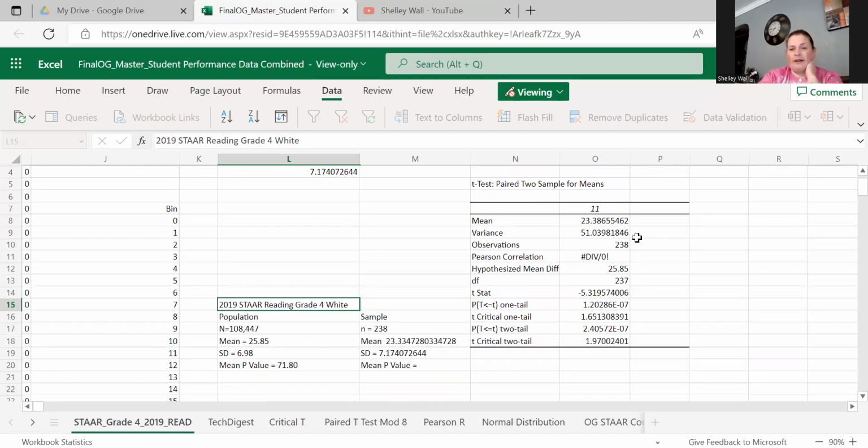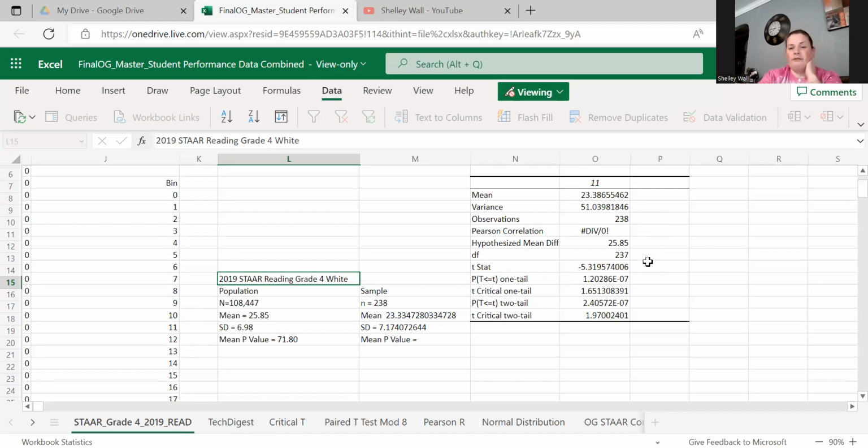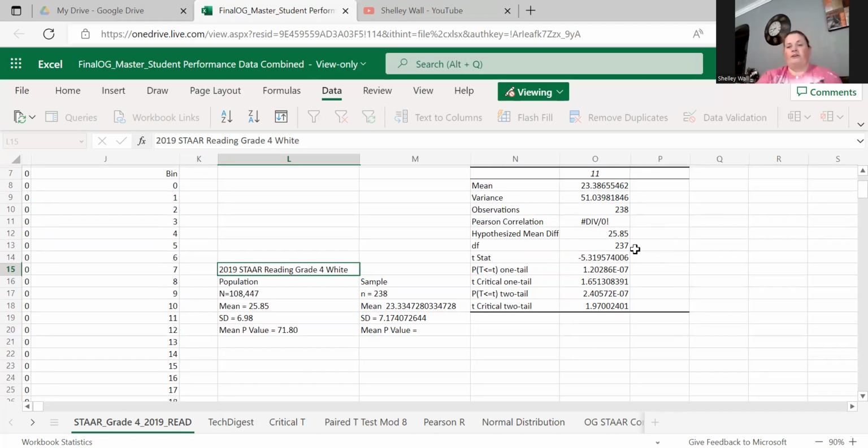It gives me my variance, the observations we had put in, and a hypothesized mean difference, which we would use later to look at further statistics. My degrees of freedom is 237, because it's 1 less than my number of observations, or student participants. Then it gives me a t statistic, and you can see I have t criticals for the 1 tail and the 2 tail, and p-values for the 1 and the 2.